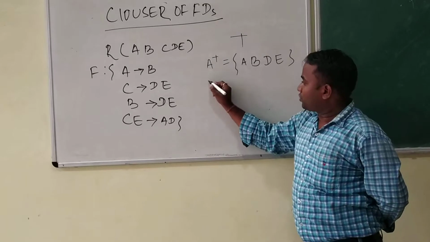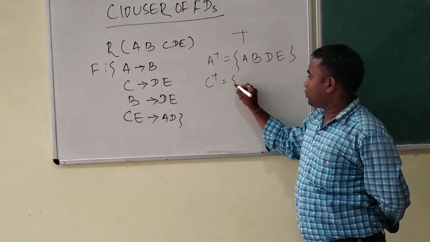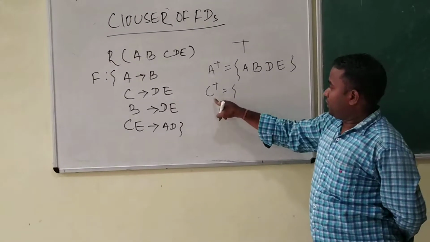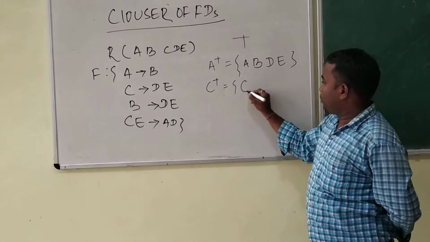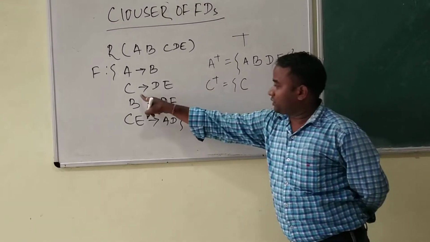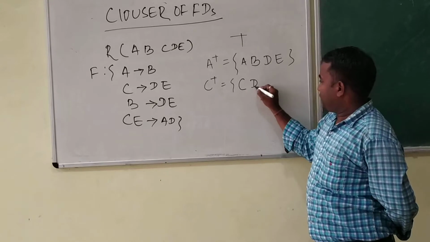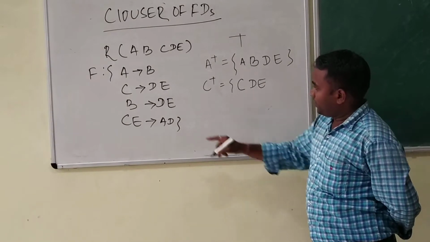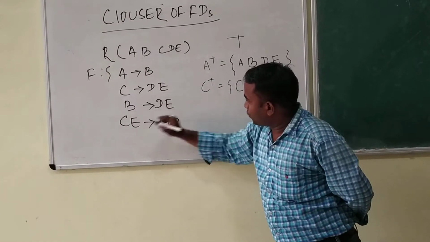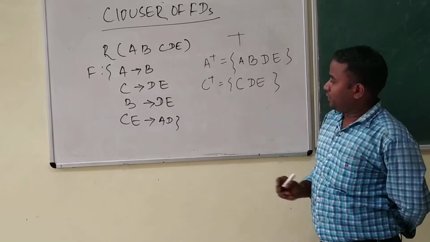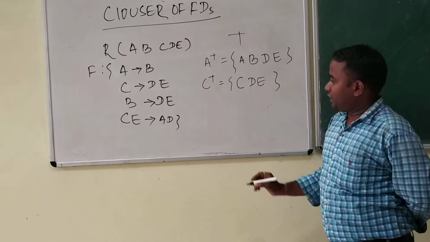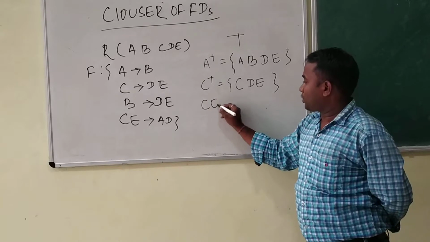Similarly, I can find the closure of C. C closure will include C itself. From C, I can get DE. Once I get DE, is there anything left on the left-hand side? No. So C closure will be CDE. Similarly, let's find CE closure.